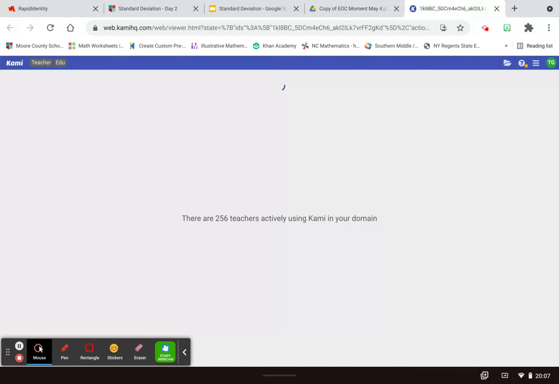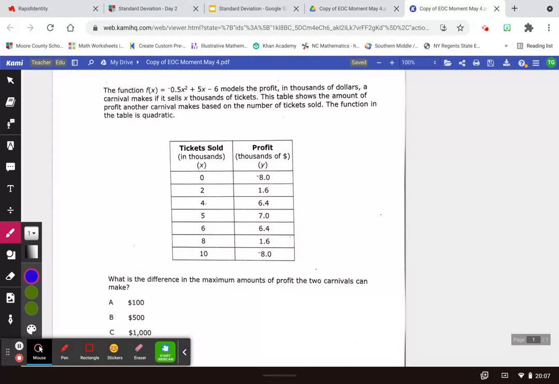If you read what it says, there are some key words here that I need to make you aware of, which will aid you in solving this particular problem. So, first of all, it says the function f of x equals negative 0.5x squared plus 5x minus 6 models the profit in thousands of dollars a carnival makes if it sells x thousands of tickets.